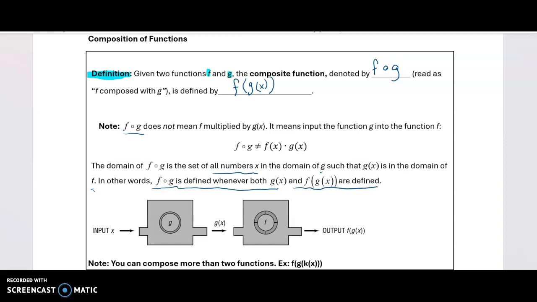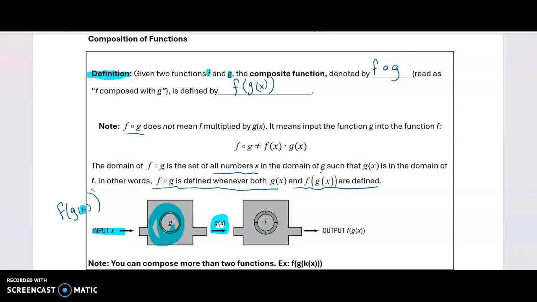In order to find f of g of x, we work from the inside out. You're going to take your value x right here, and you're first going to put it into your function g. Think of it as a machine, and it's going to come out.